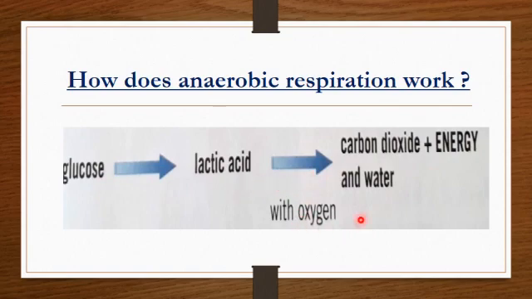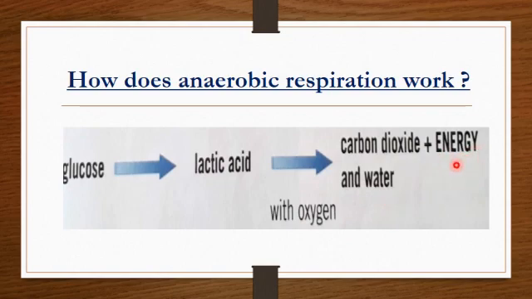So with oxygen, a lot of energy is produced, that is in aerobic respiration. In anaerobic respiration, respiration without oxygen, glucose is broken down without oxygen and is converted into a chemical, lactic acid. And in aerobic respiration, glucose with oxygen is changed into carbon dioxide, energy, and water.